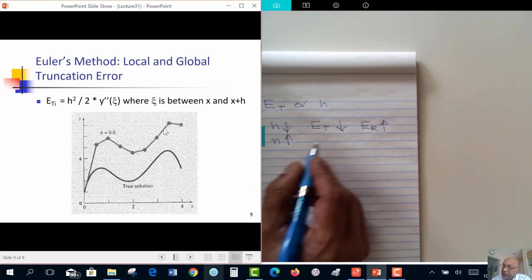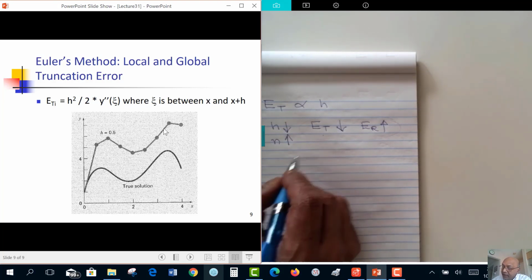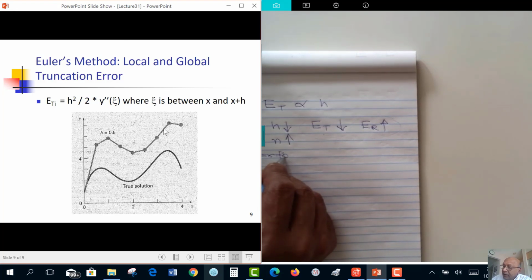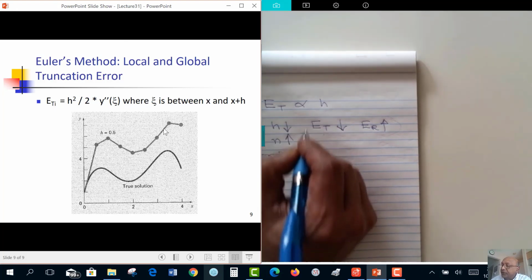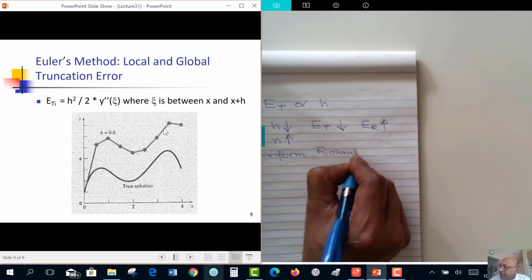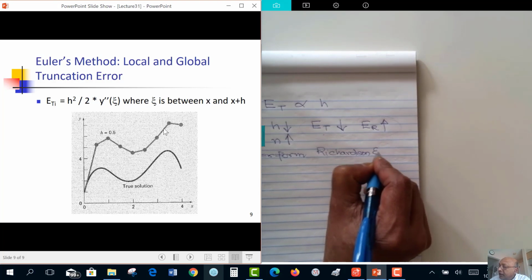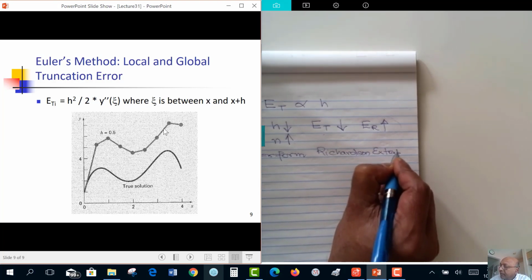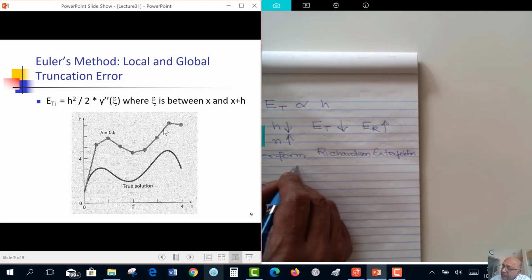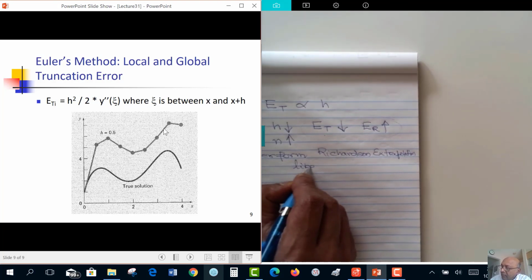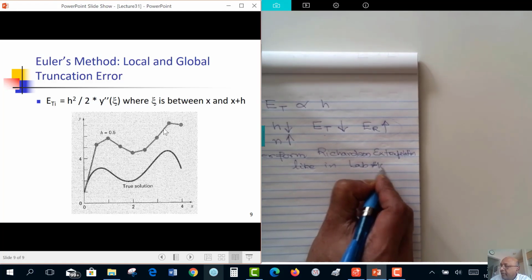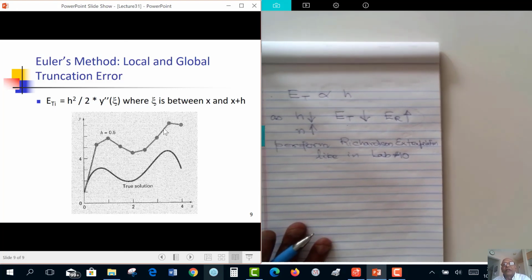So what we must do, in order to check what kind of error it is, is solve the differential equation using two different strip sizes and then perform Richardson extrapolation, just like you did in lab number 10. Okay, so let's stop here.